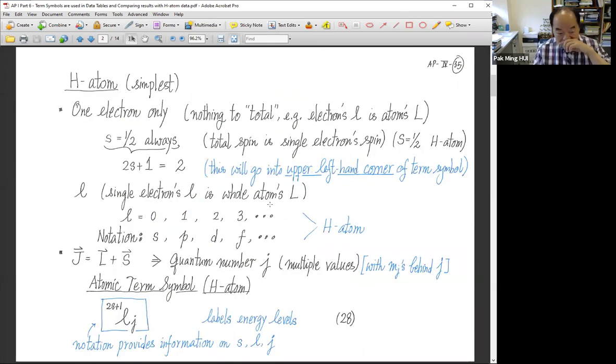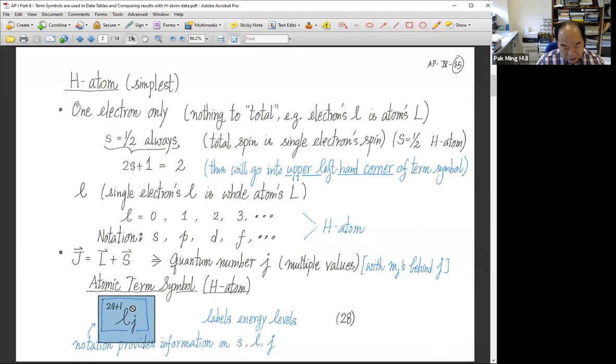Now, for hydrogen first, we consider this. What is the term symbol? The term symbol is this thing. Just look at it. It's basically nothing, right? It is just a compact way to tell us the 3 numbers.